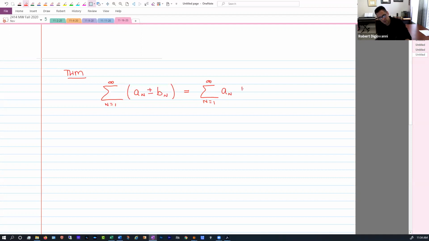So you are allowed to split the sums up only if both of them individually converge.